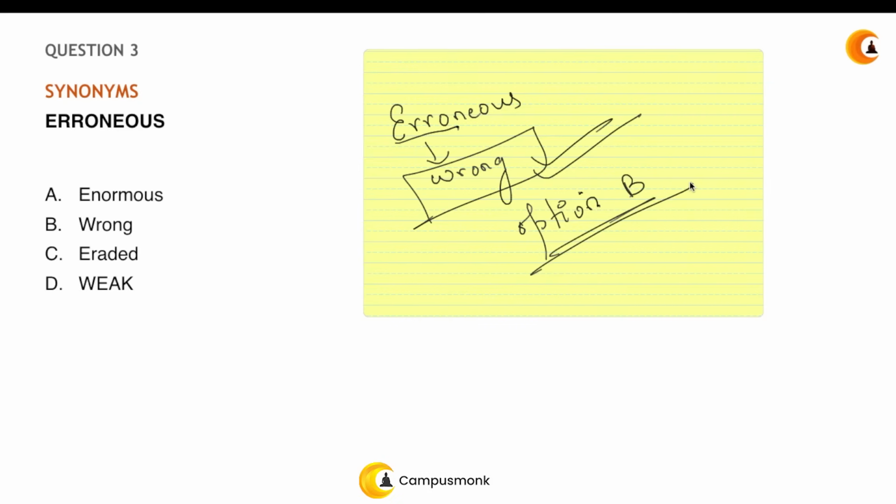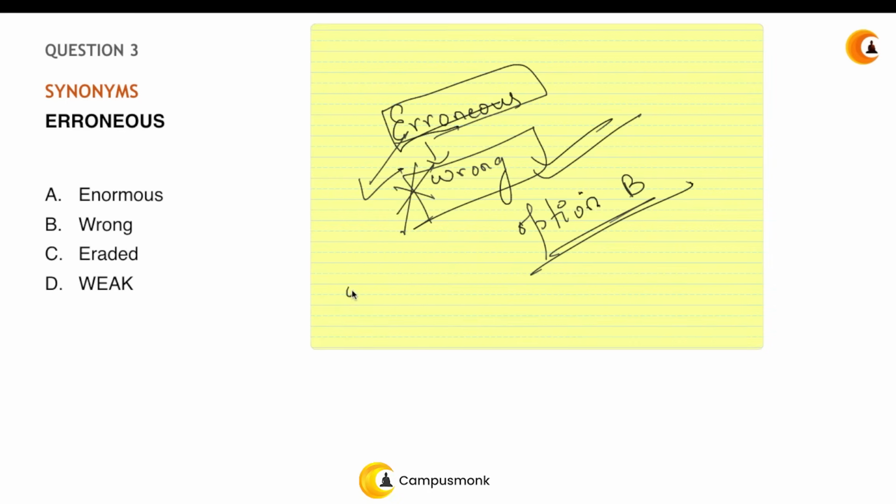Enormous, irradiated and weak is not what erroneous aims to say. It means to say you're wrong. You have made an erroneous decision. Erroneous decision means you have made a wrong decision, right? So that is what erroneous means. It means something that's wrong, something that's not right.